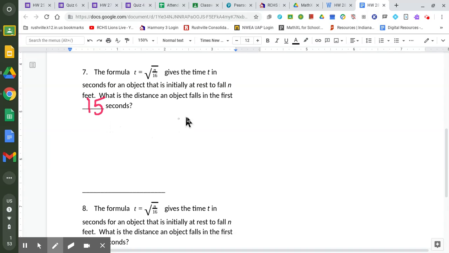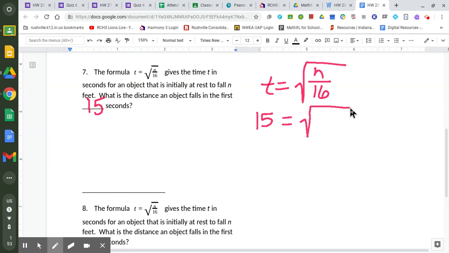So what we're going to do is, I'm going to do my work over to the side here. We're going to do t equals square root of n over 16. And then remember that our t was time, and we were given a time. So we're going to put 15 in for t equals square root of n over 16.